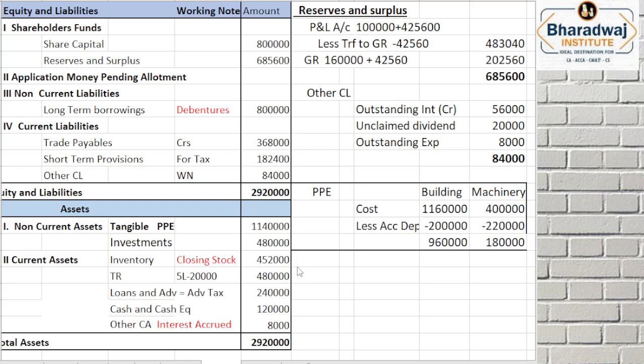First complete the P&L account, then I'll do the P&L account part, and then we'll go to the balance sheet.